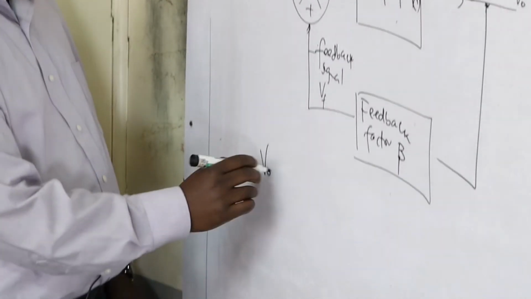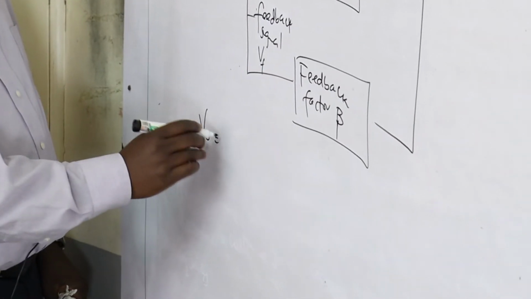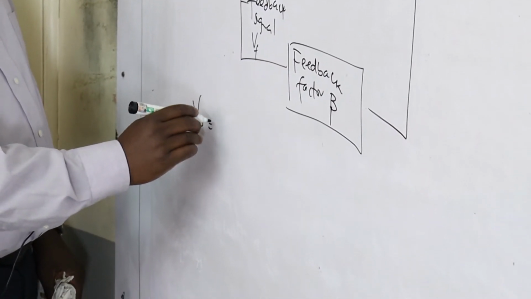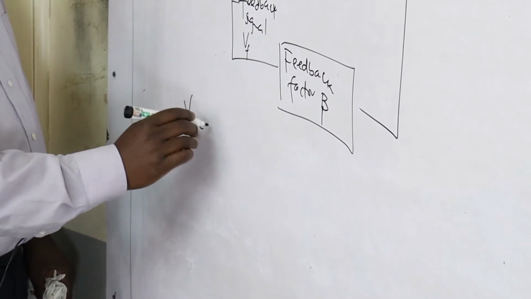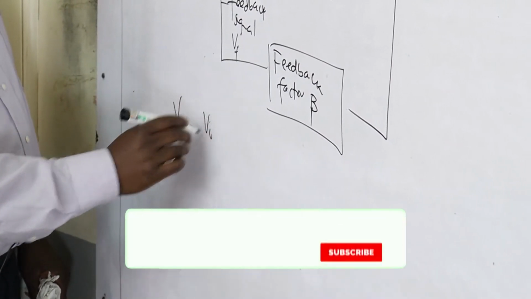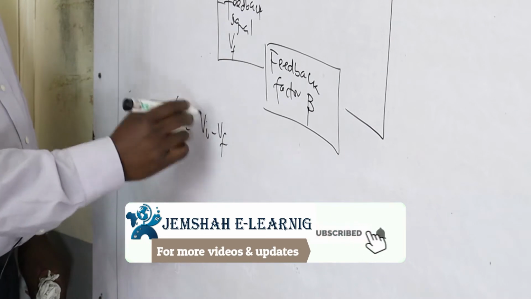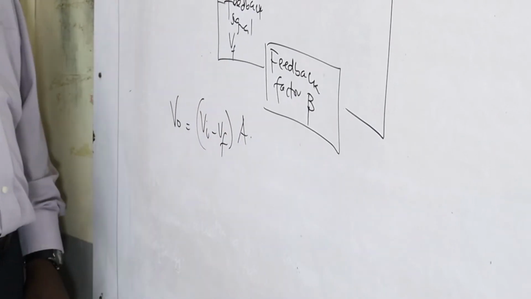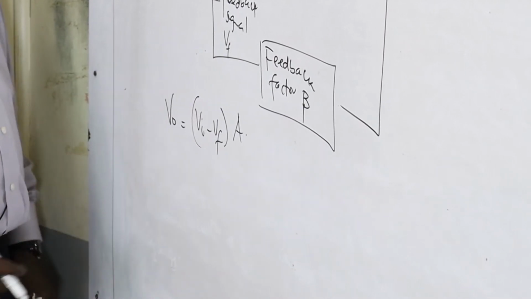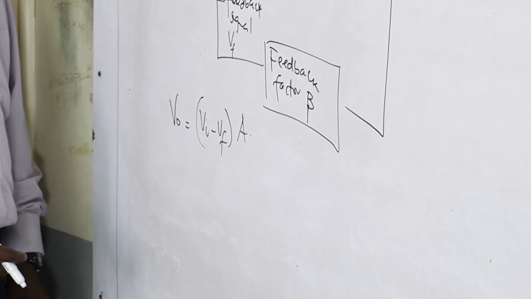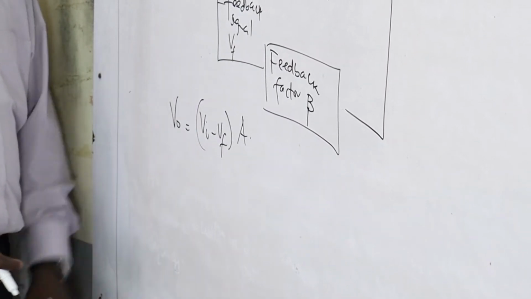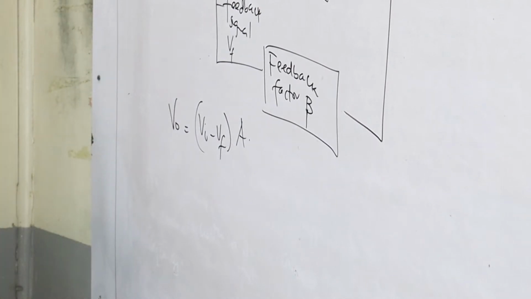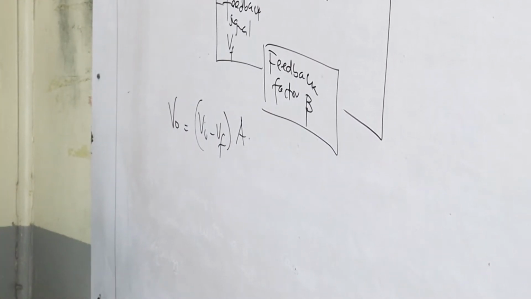The output signal is supposed to be the difference between the input signal and the feedback signal, multiplied by the gain of the amplifier. When we have this, then we can determine the gain of the amplifier.